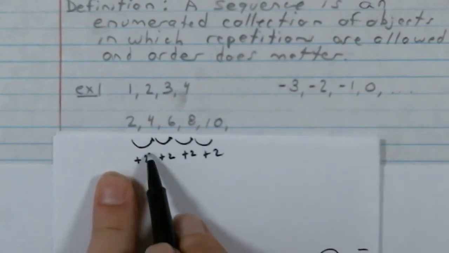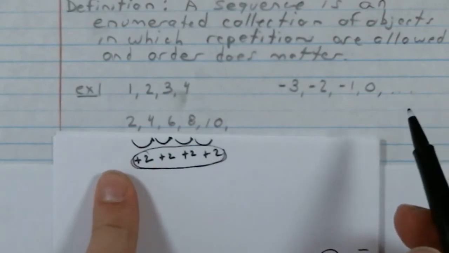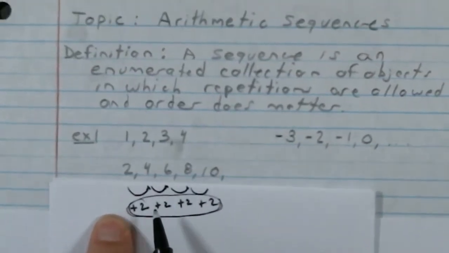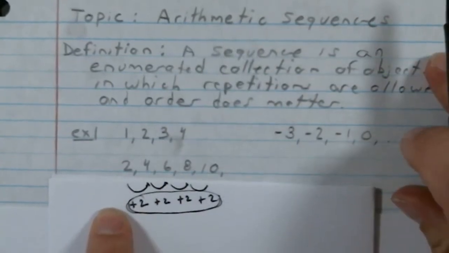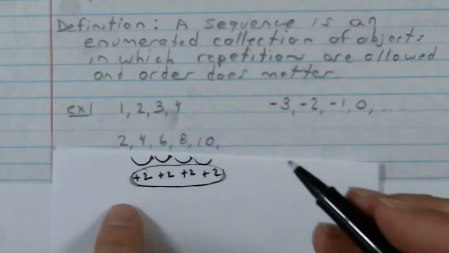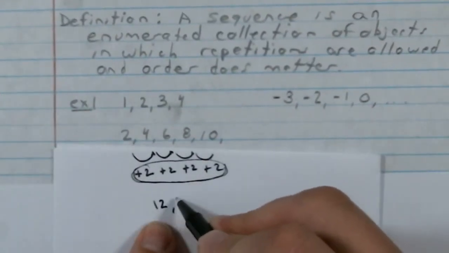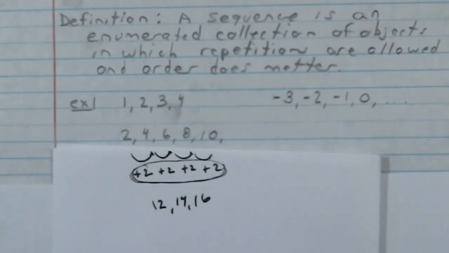So this is your pattern, your sequence. When I say arithmetic sequence, arithmetic means addition. So this is going to go up by 2, and your next ones will be 12, 14, 16. And it goes up by 3 like this.